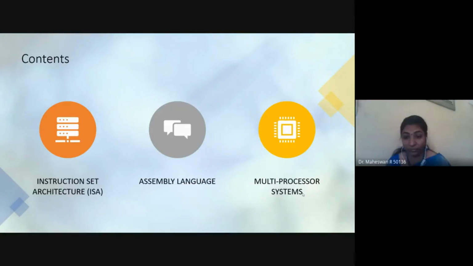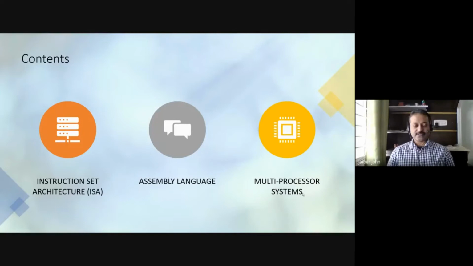Now, we have a 1 hour session today. Obviously, we cannot talk about all the concepts in detail. So I'm going to talk about these three things primarily: the instruction set architecture, assembly language programming, and some of the challenges we face when we go for multiprocessor and multi-core systems. I have a few slides on each of these three topics.